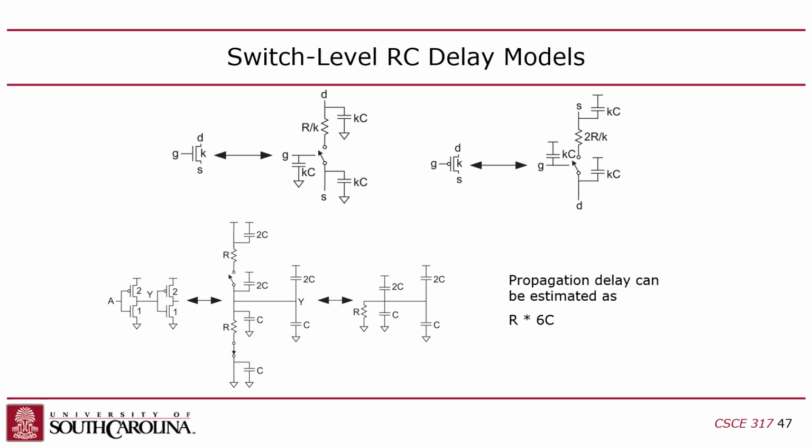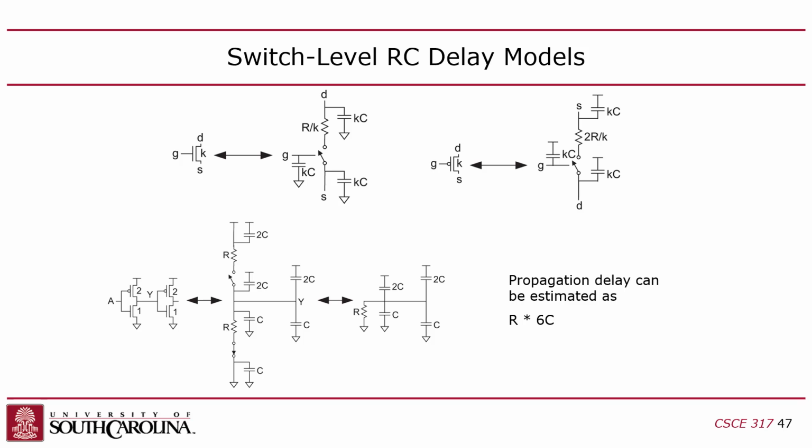Okay, so now the idea though is that on the first inverter, we don't have to look at the gate capacitance, right? We only look at the capacitance from the diffusion regions, right? The source and drain capacitance, basically, right?